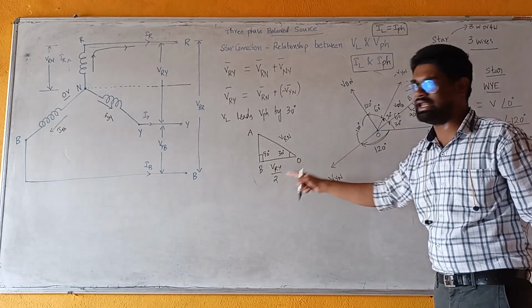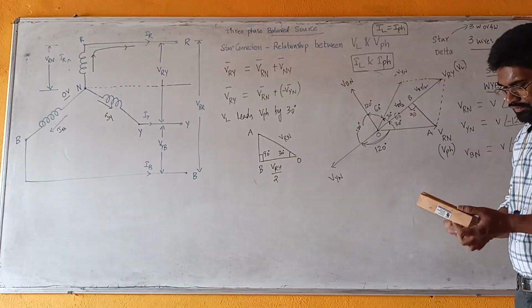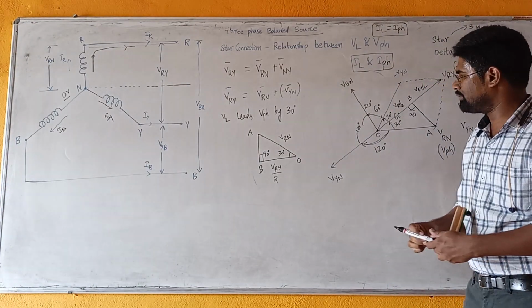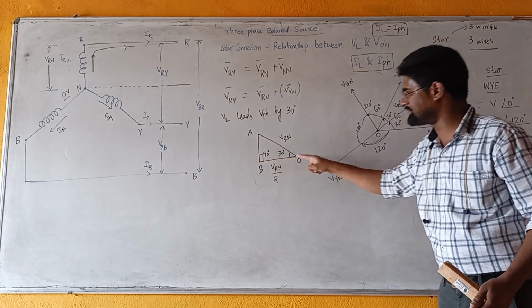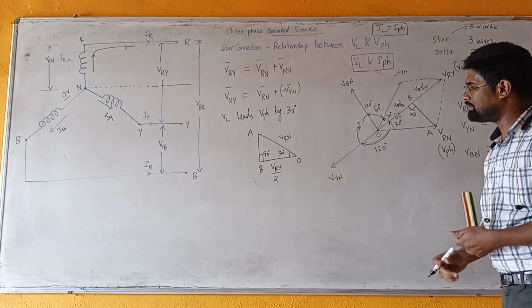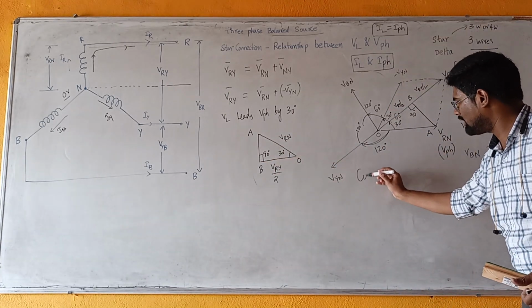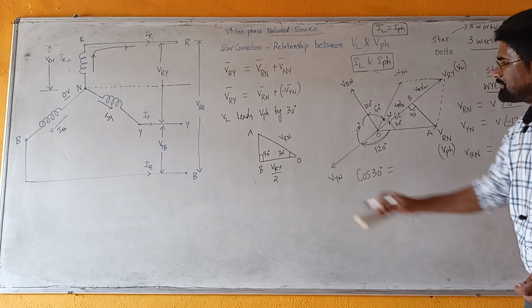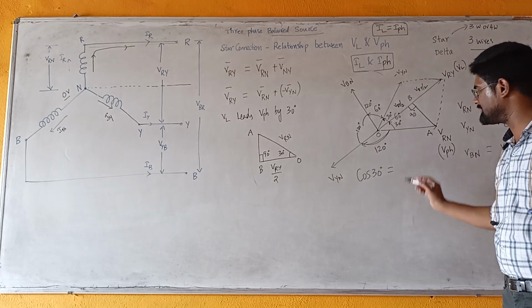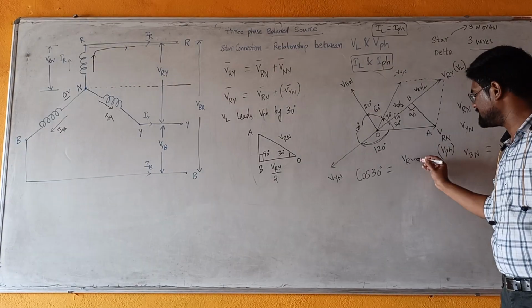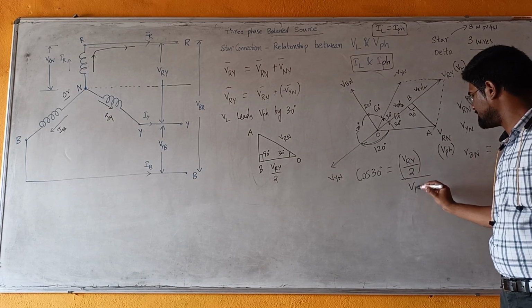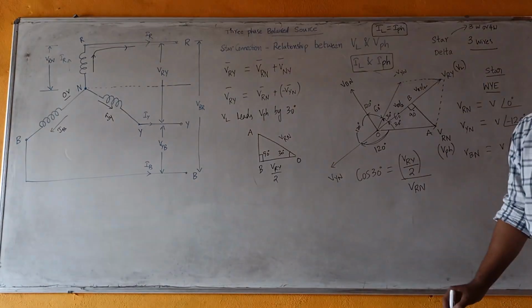Now from this triangle, we need the relationship between phase voltage and line voltage, meaning hypotenuse and adjacent side. The relationship is given by cos theta, and cos 30 degrees, from this right angle triangle, is adjacent side by hypotenuse. The adjacent side is VRY by 2, and the hypotenuse is VRN.